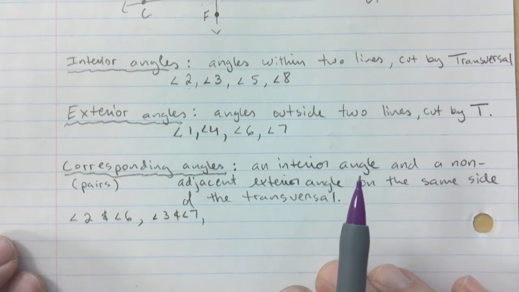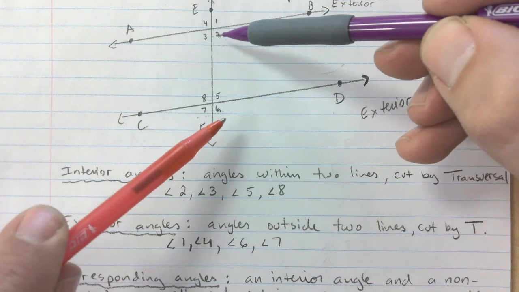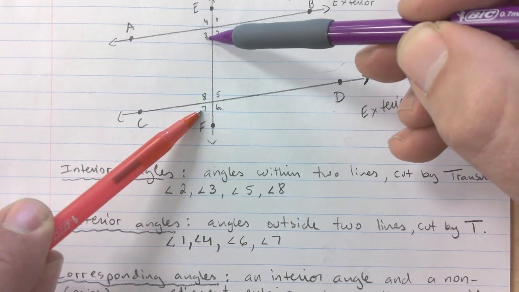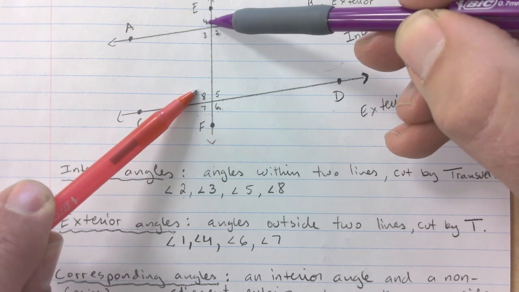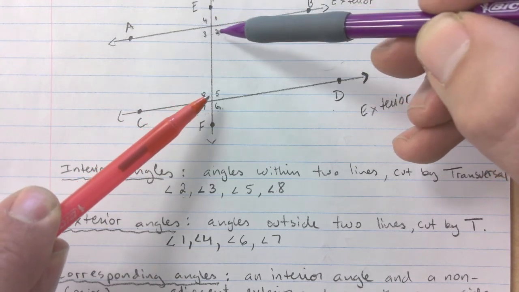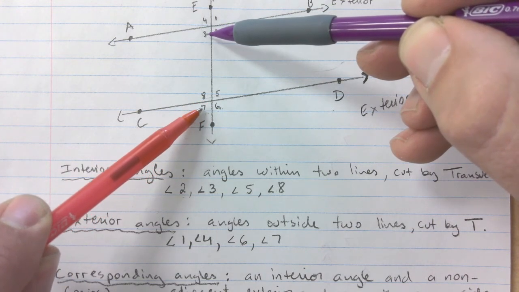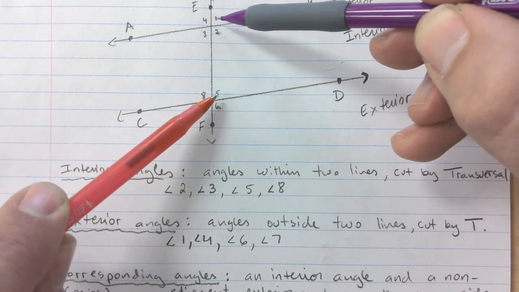All right, let's go back up. So if 2 and 6, and then 3 and 7, now let's jump up. 4 and 8 are also. So I kind of go around. I go 2 and 6, 3 and 7. Let's go up 4 and 8, as well as 1 and 5.